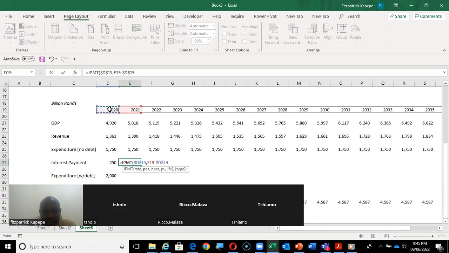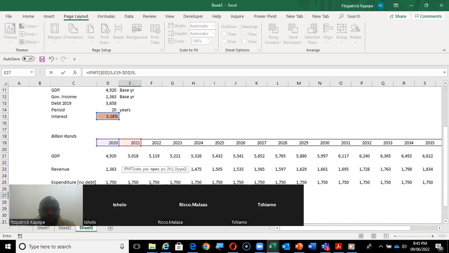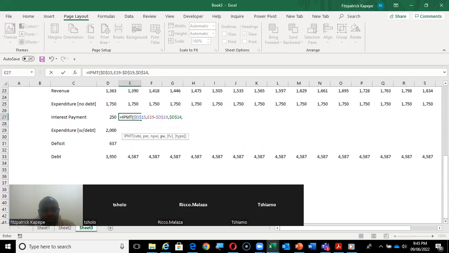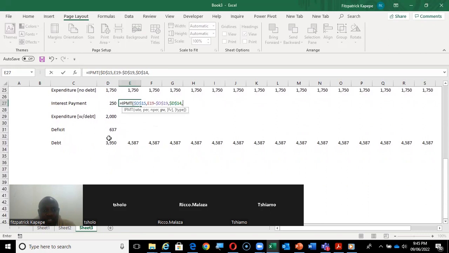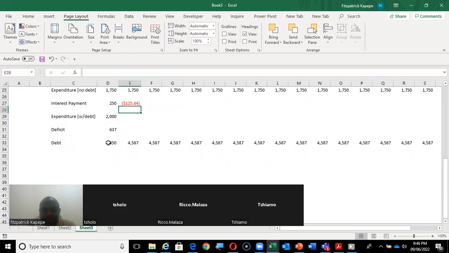That is the period, number of periods, 20. Then the future value, this. Just want to see. Still giving me the same amount.